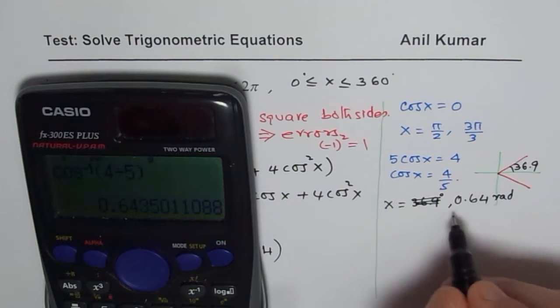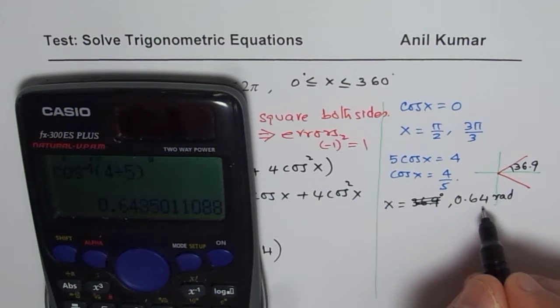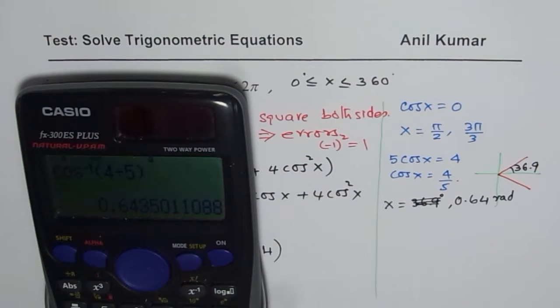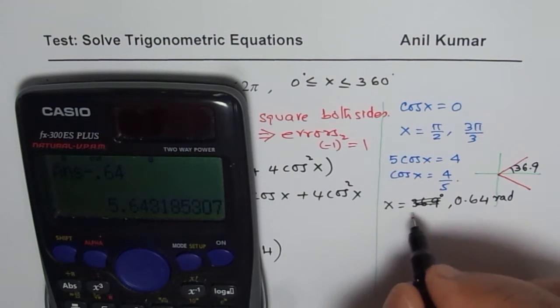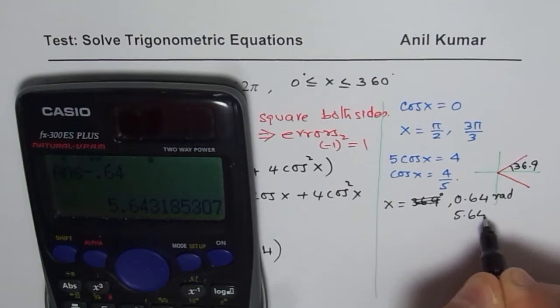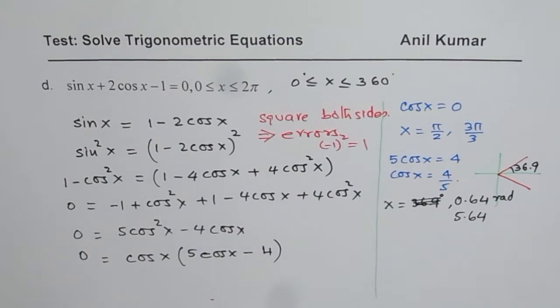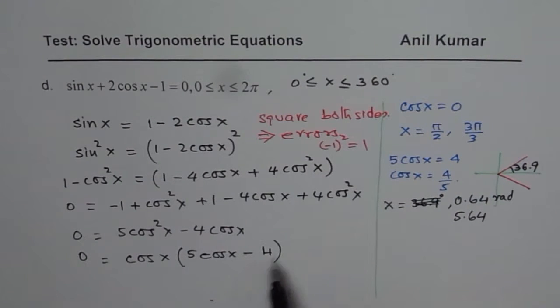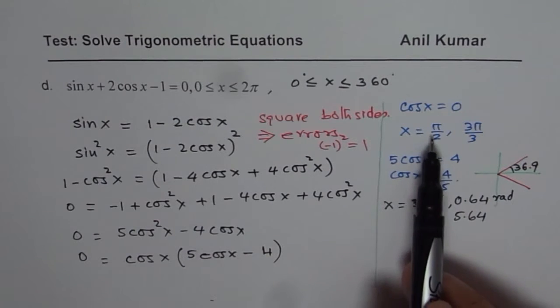The other will be 2 pi minus 0.64, so it is 2 times 3.14 minus 0.64. That gives us the other answer, 5.64. So these are the two solutions for the x value from the second factor, right? So we have possible 4 different solutions.